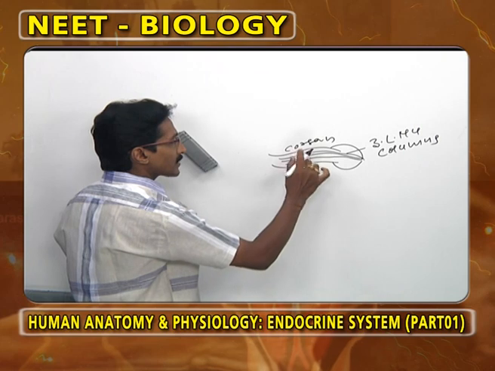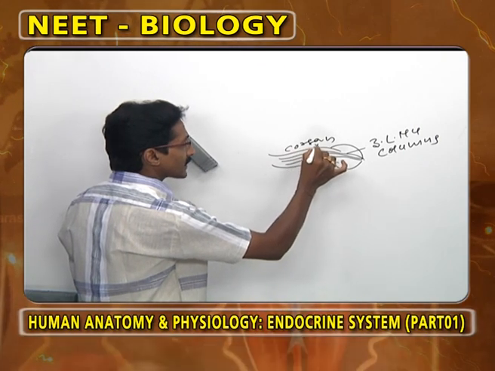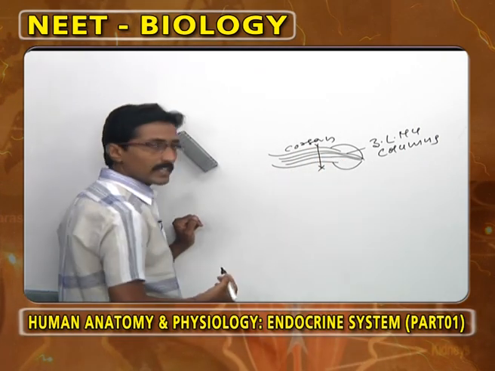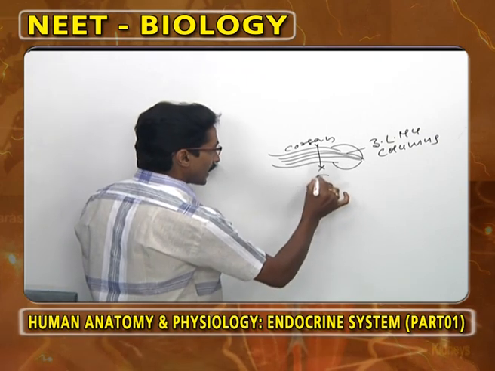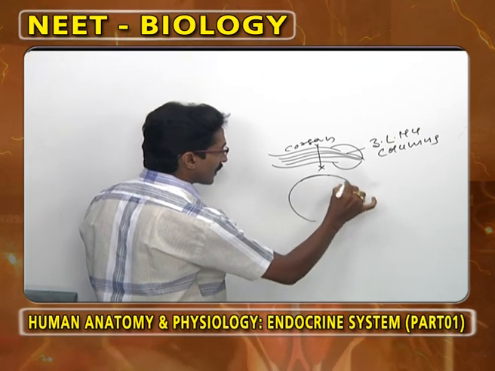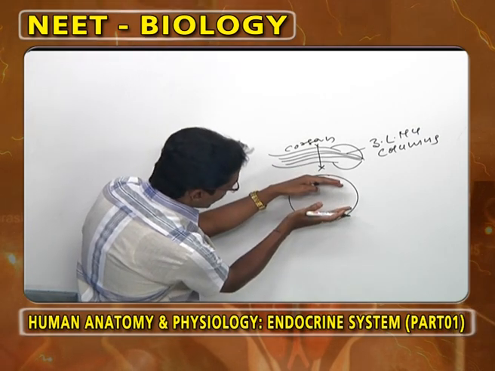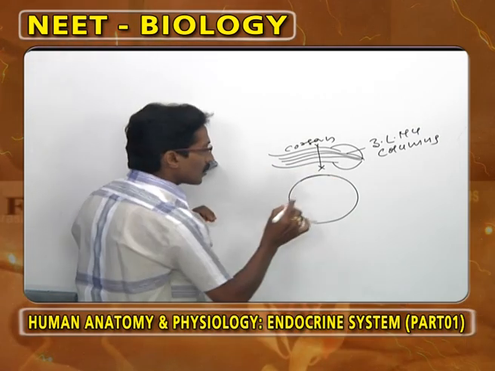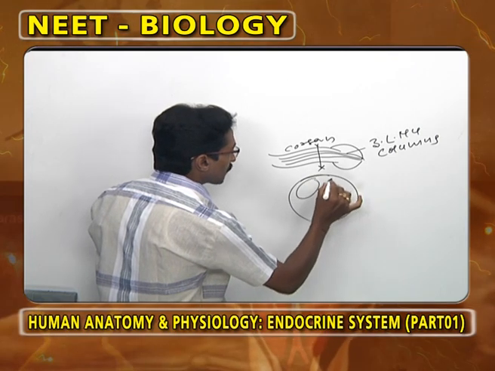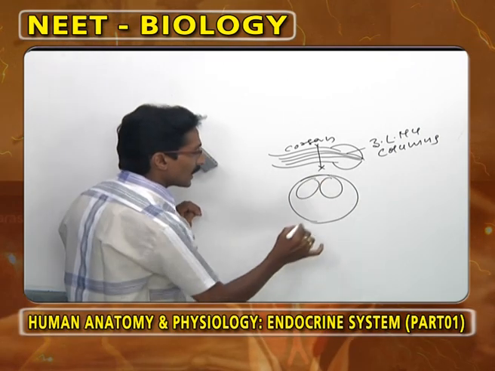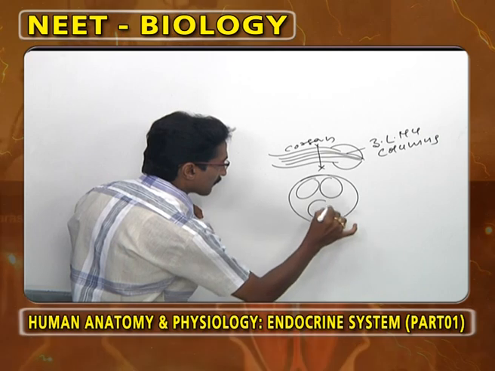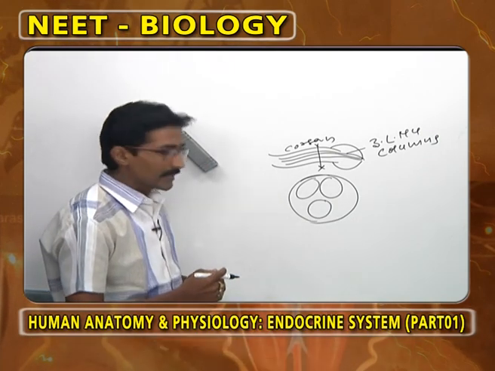Now as we observe the transverse section of the copulatory organ, this is the dorsal side and this is the ventral side. Dorsally corpora cavernosa and ventrally corpus spongiosum is present.